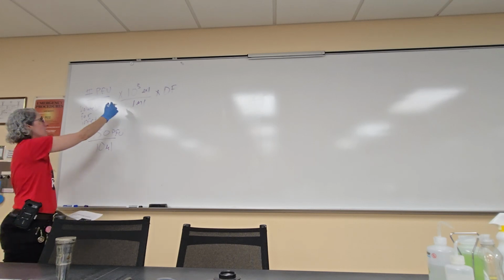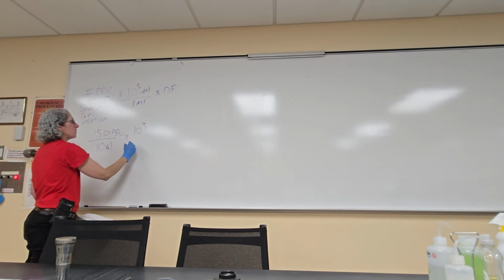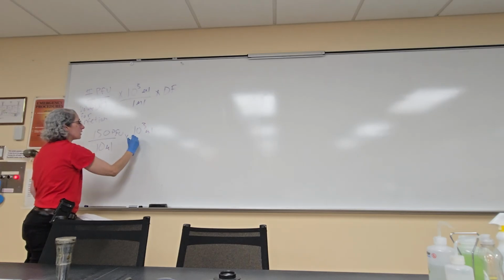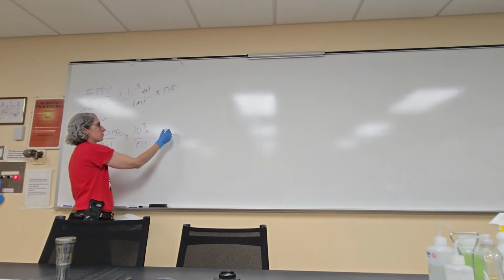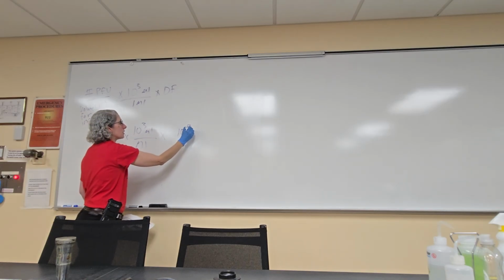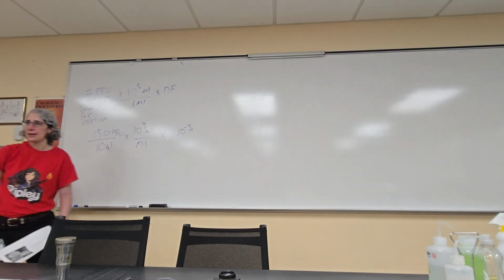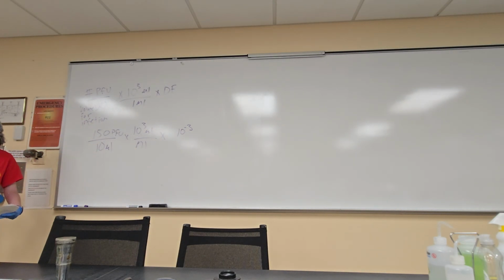And then we're going to have our conversion factor of 10 to the 3 microliters per mil. And then the dilution factor used was the 10 to the minus 3. Okay? So this is how we have the formula.